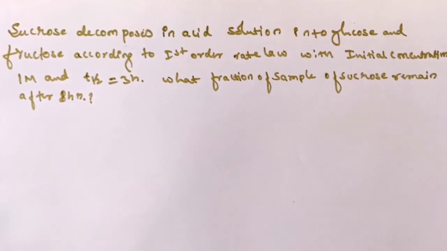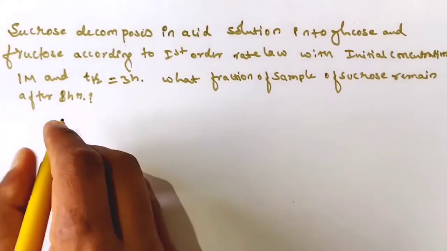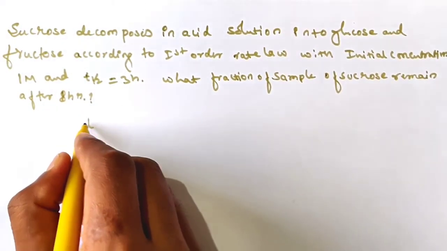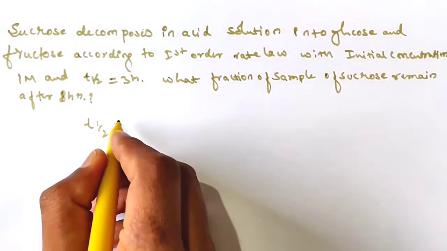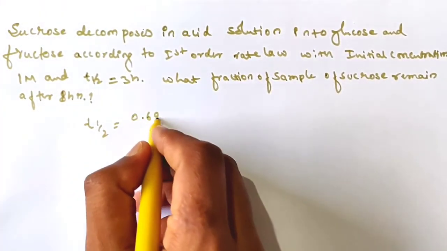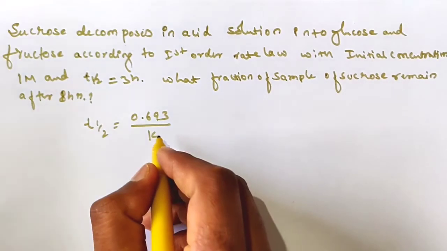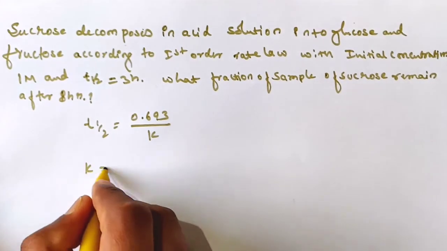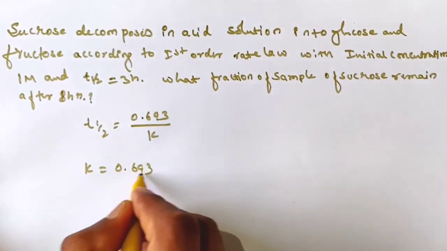Since they have mentioned the t half, and we know the t half for first order reaction, that is t half is equal to 0.693 upon k. So k is equal to 0.693 upon t half.